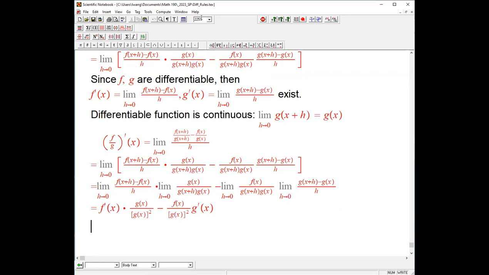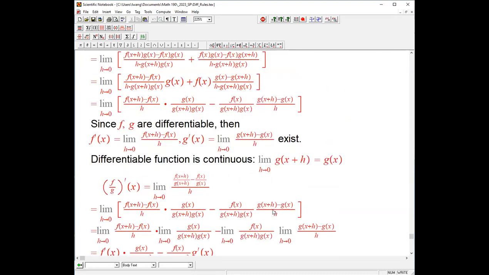We have the same denominator, right, which is g of x squared, and f prime of g multiply g of x minus f of x multiply g prime. So that's the quotient rule.